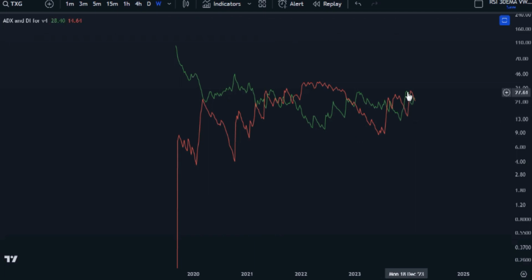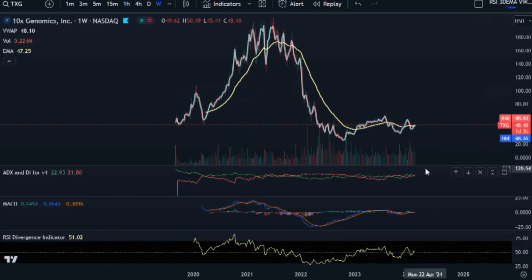When the green DI is trending upwards, this is a positive, bullish sign. And contrary, when it's trending downwards, it's a negative sign. Right now you can see that it's going to cross over and more than likely trend up.